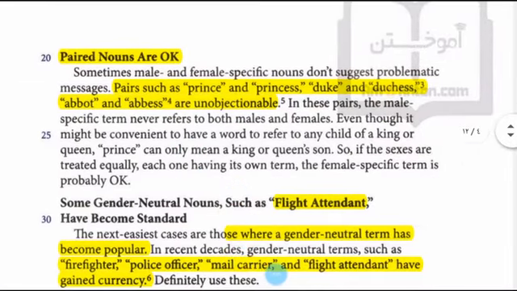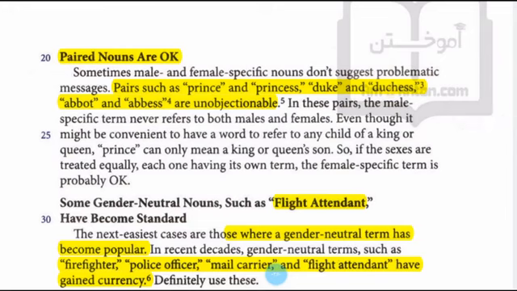Here we have paired nouns, which are okay, when we have a term used for male and a term used for female. For example, prince, princess, duke, duchess, abbot, abbess. So it's okay to use these nouns when we have one for male and one for female.